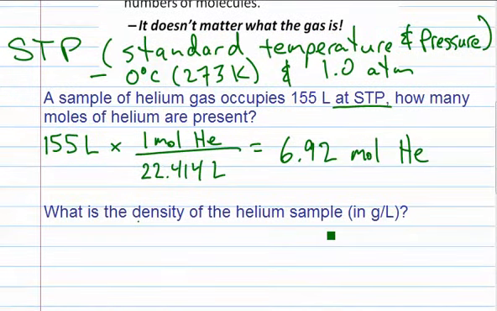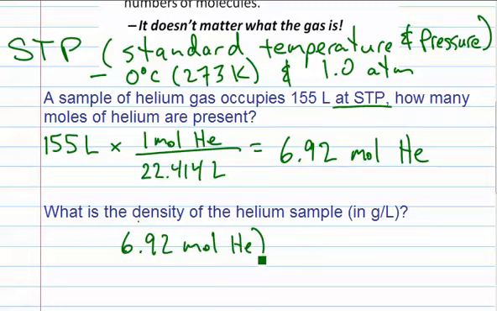However, if we were then to ask, what is the density of this helium sample? Again, it really doesn't matter in this case. All that really matters here is that we're at STP, but we can calculate the density in grams per liter by using the molar mass here, 6.92 moles of helium, and we look at our periodic table and see that 1 mole of helium gas weighs 4.003 grams. So we will say 6.92 moles of helium.